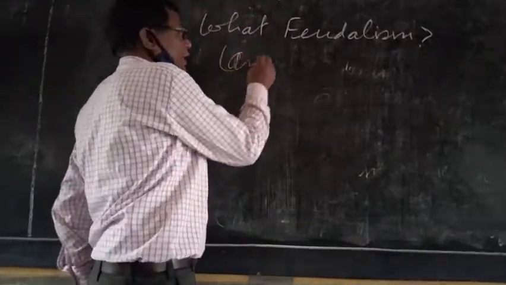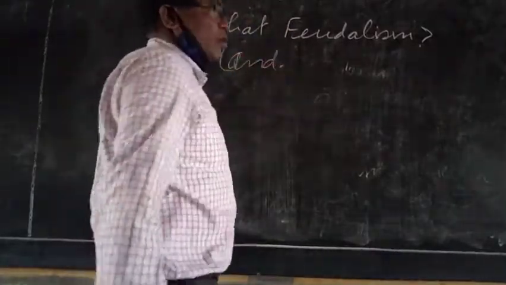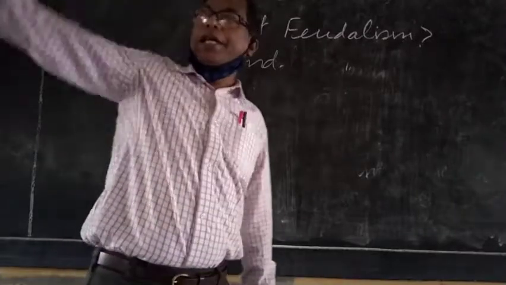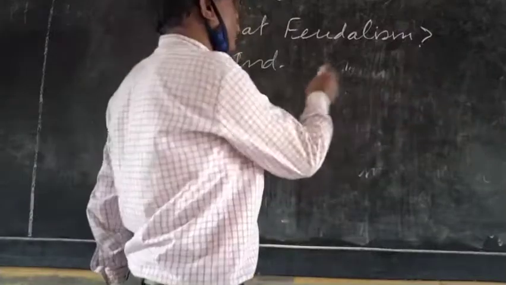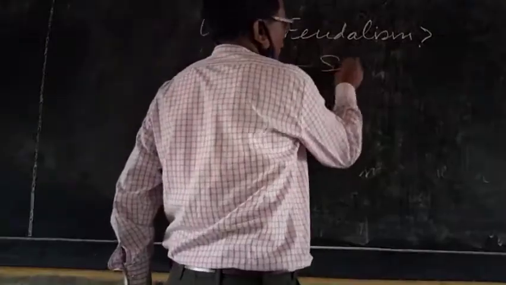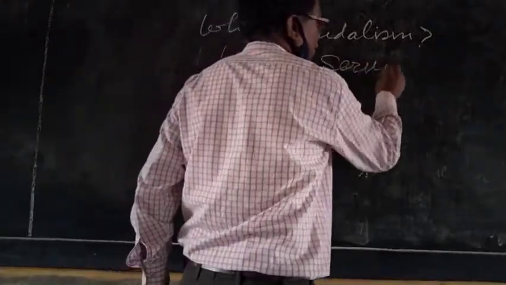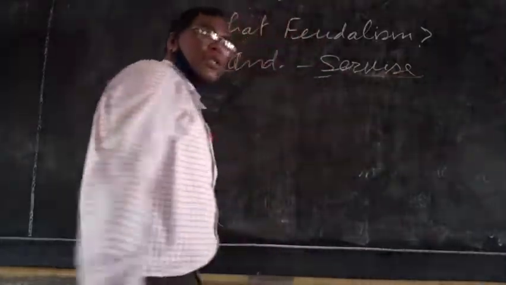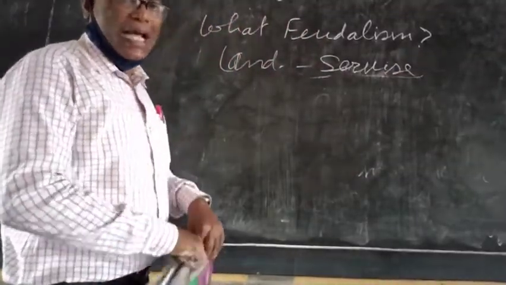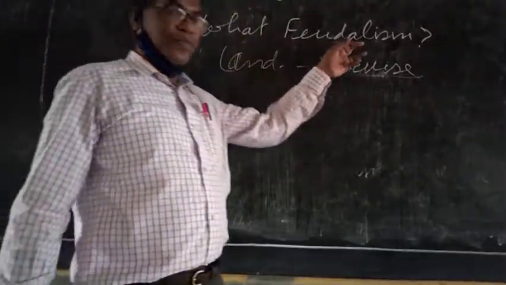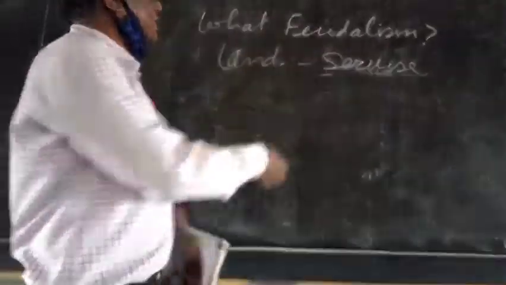A big area of land is given to them in return for the service that they are giving to the king or the emperor. That is known as feudalism.